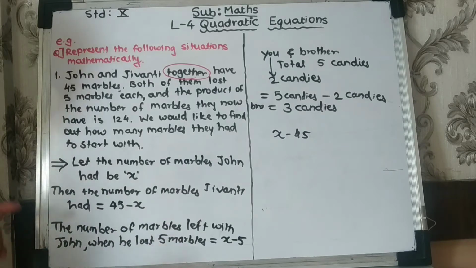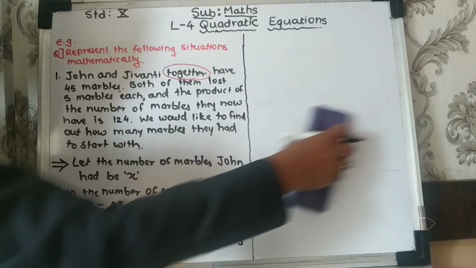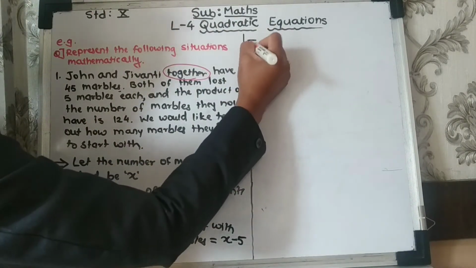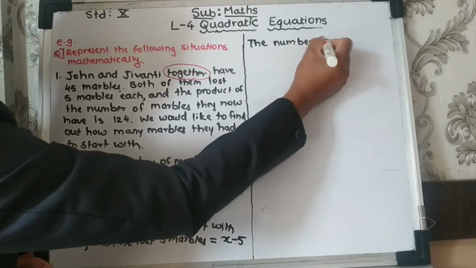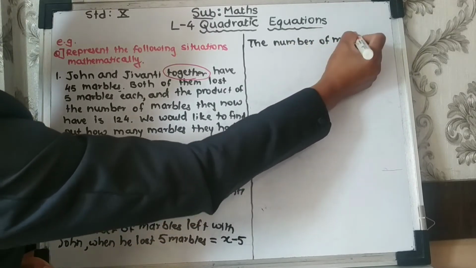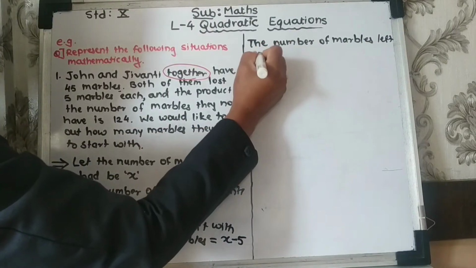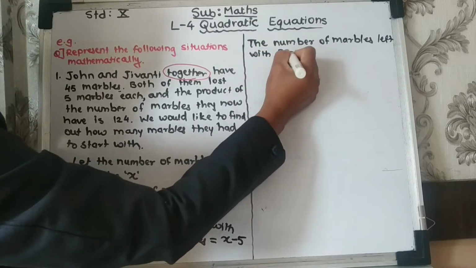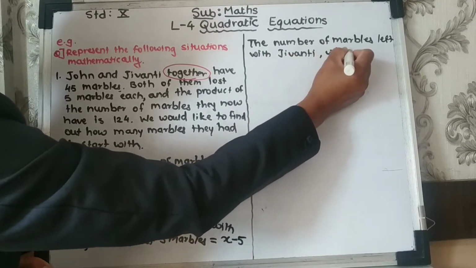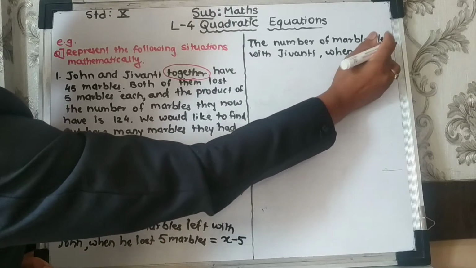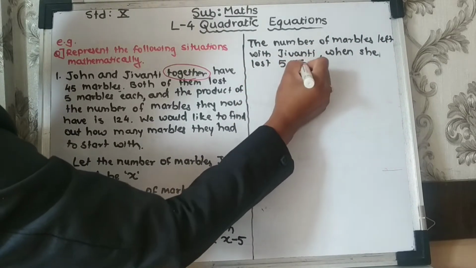Similarly, we will write for Jeevanti also: the number of marbles left with Jeevanti when she lost 5 marbles.